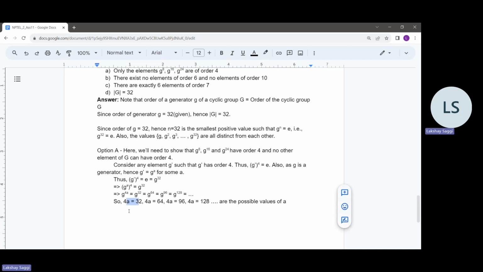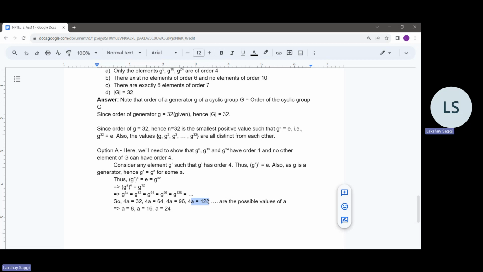From 4A equals 32, we get A equals 8. Then we get A equals 16. Then we get A equals 24. And after this, for 4A equal to 128, we get A equals 32.